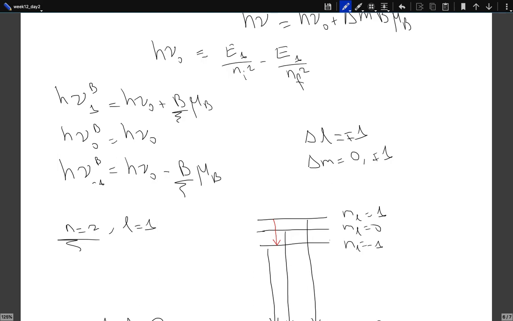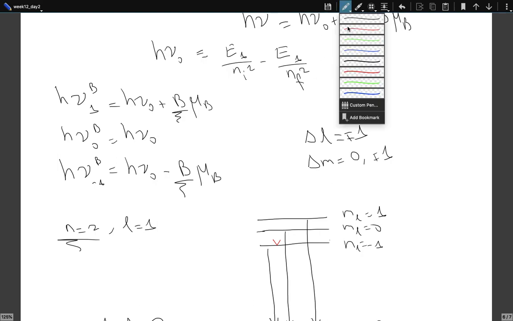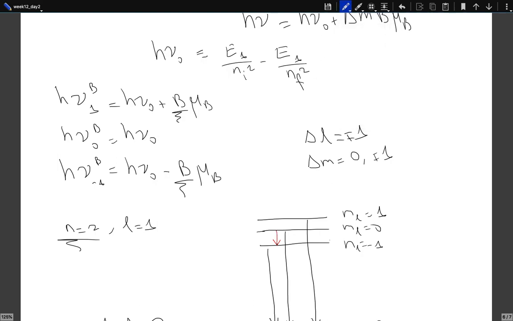So this is not possible. But still, maybe, let's erase that, but why not this one? What is delta M in this transition? Minus 1. So this is satisfied.